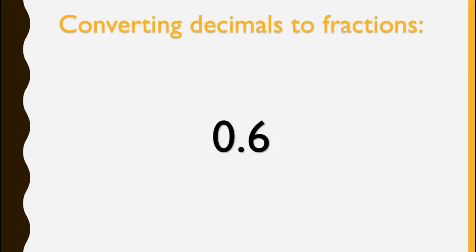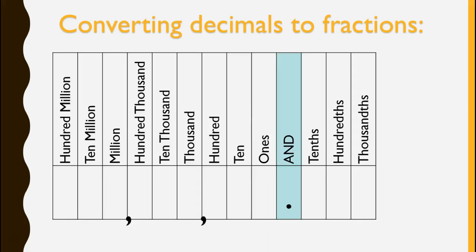Let's try this one. First of all, just say the decimal. Read it, and you'll hear what the fraction is. 6 tenths. Can you see it in your mind? 6 tenths. It's pretty neat. Okay, well, here's the place value chart. If you don't see it quite yet, let's put the number on there, 6 tenths. The place value as far to the right as you got is the tenths.